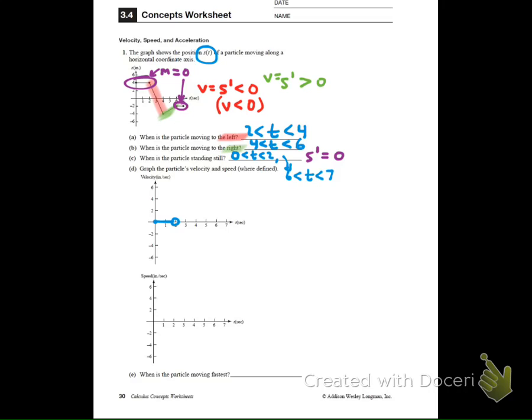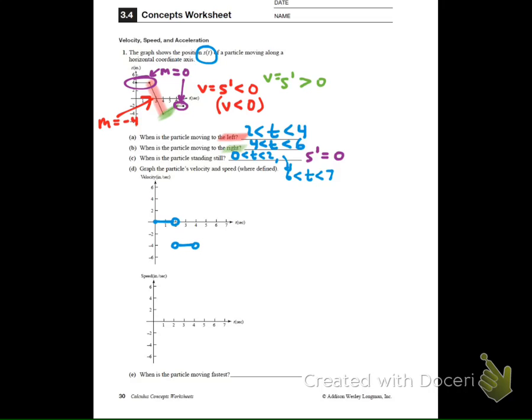Well, we also said that everywhere on this curve between t equals 2 and t equals 4, the slope was equal to negative 4. And if the slope is equal to negative 4, that means that s prime is equal to negative 4.